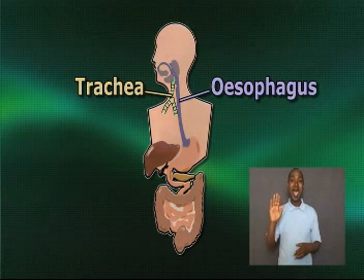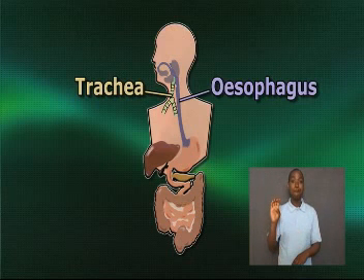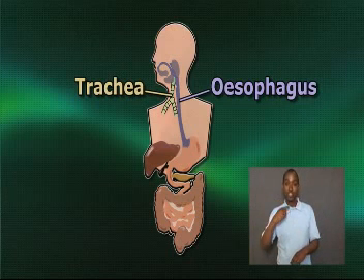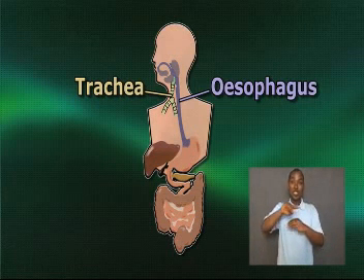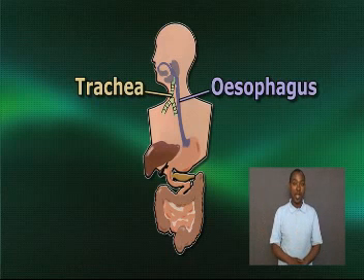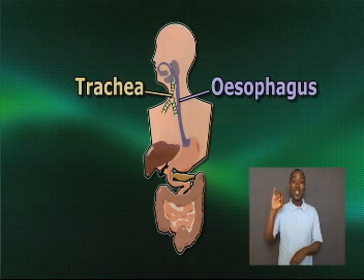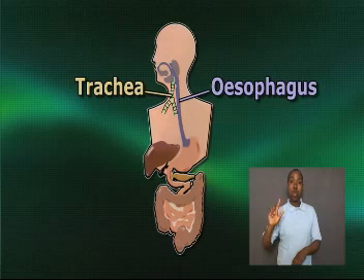However, food cannot enter the airway or lungs because it can prevent breathing or cause an infection. To ensure this does not happen, the epiglottis closes off the trachea every time you swallow in a reflex action.